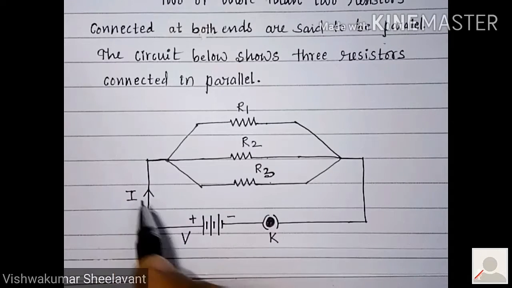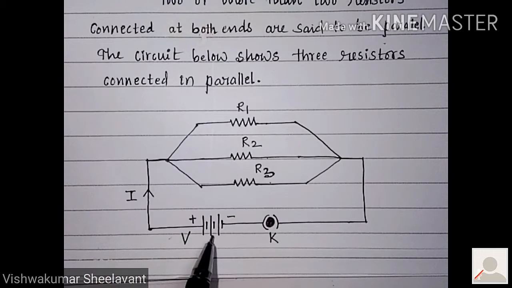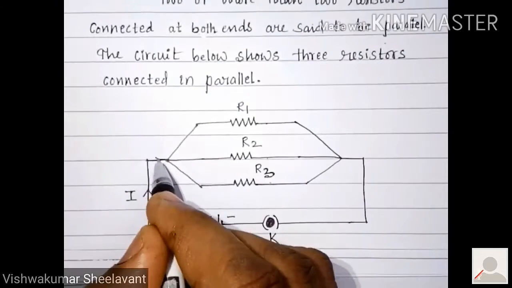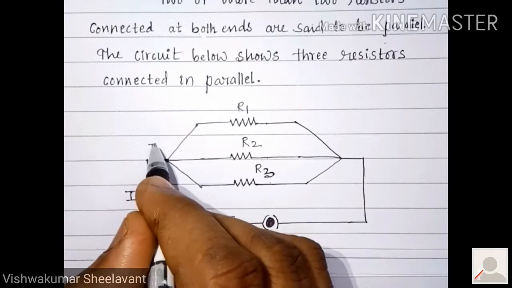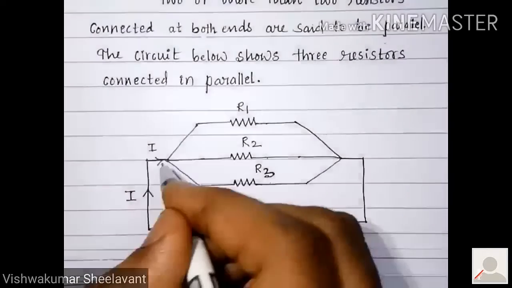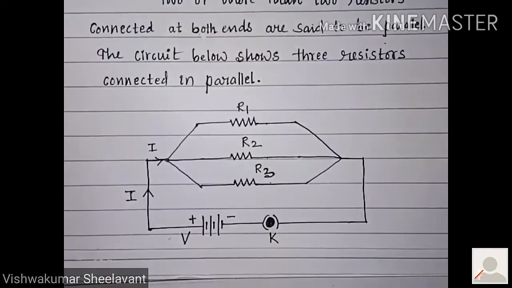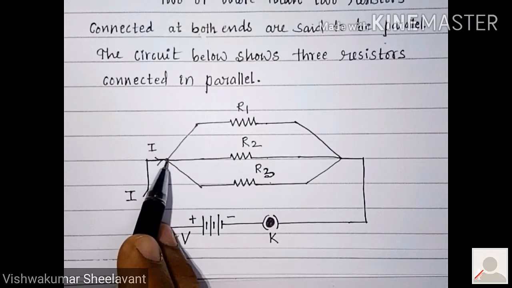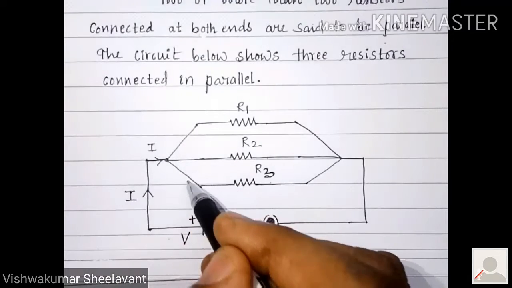Say the current supplied by this battery of V volts is I ampere. When this current enters at this common point, it will find three paths.